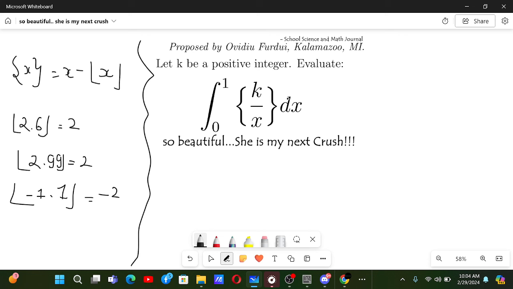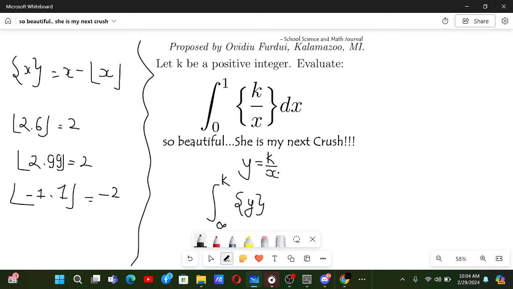Okay, now let's solve this problem. So how do you think we are going to solve it? Basically, I will let y equal k by x, and this will simplify the problem. If I make this substitution, the integral now goes from k by 0, which is infinity, to k by 1, which is k, of the fractional part of y.